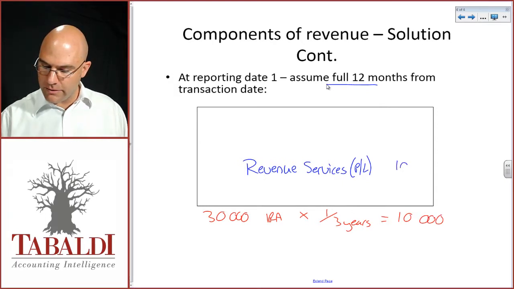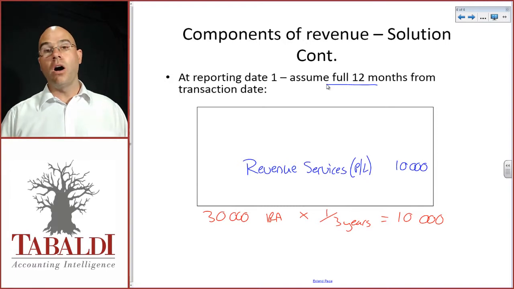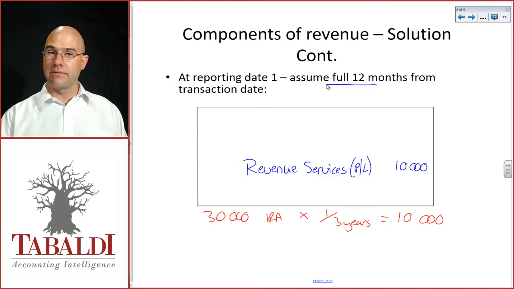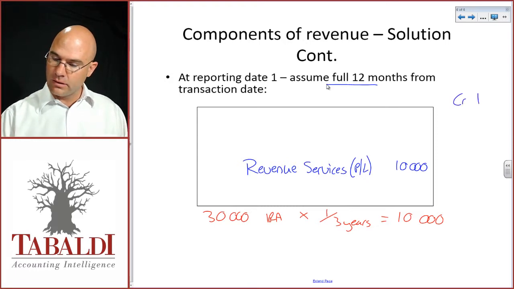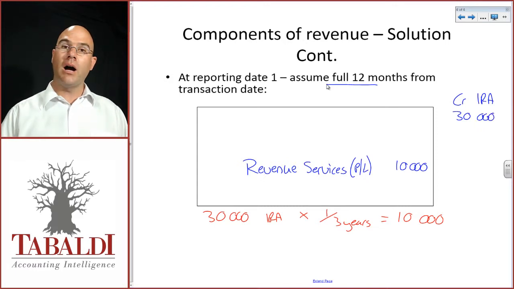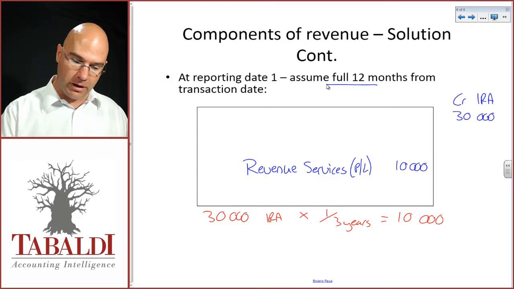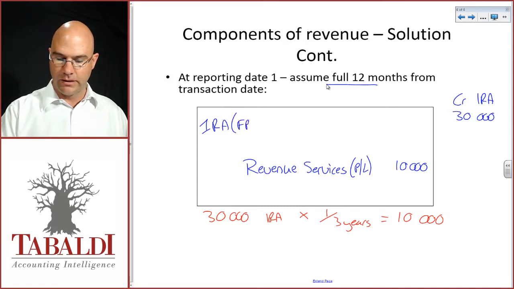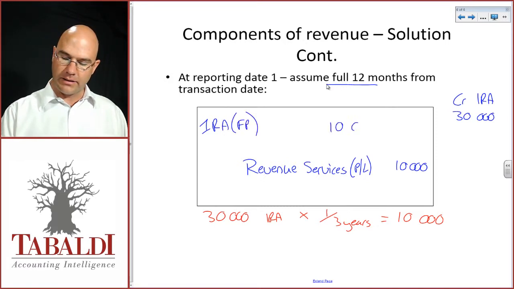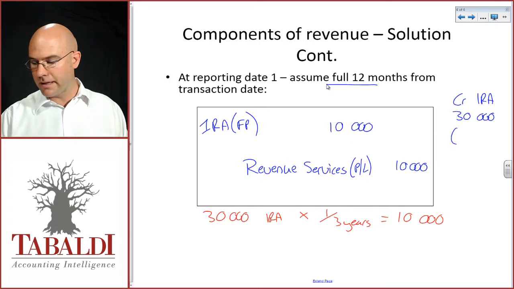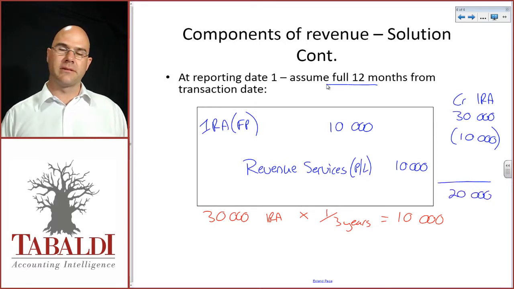So I will credit revenue 10,000. Obviously, I need to make my income received in advance account smaller. That was a credit balance, so I had a credit for income received in advance of 30,000. I will now debit that account to make it smaller. So debit my deferred revenue or income received in advance, financial position, 10,000. That will make my income received in advance smaller, leaving me with a closing balance of 20,000.